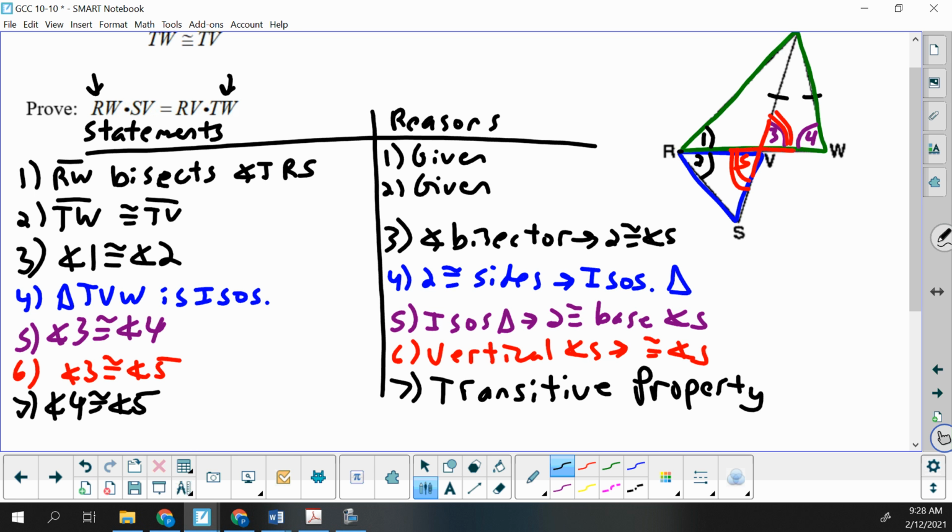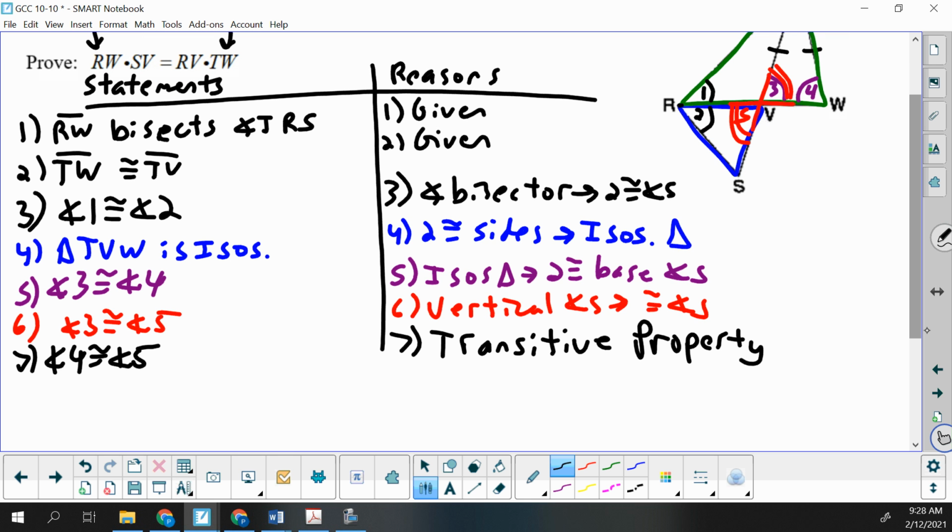So 1 and 2 are congruent, 4 and 5 are congruent, so now we have our 2 sets of angles, so we can do our finishing steps now for a similar triangle proof. So first we'll do our angle-angle similarity postulate, and we'll say our triangles are similar.